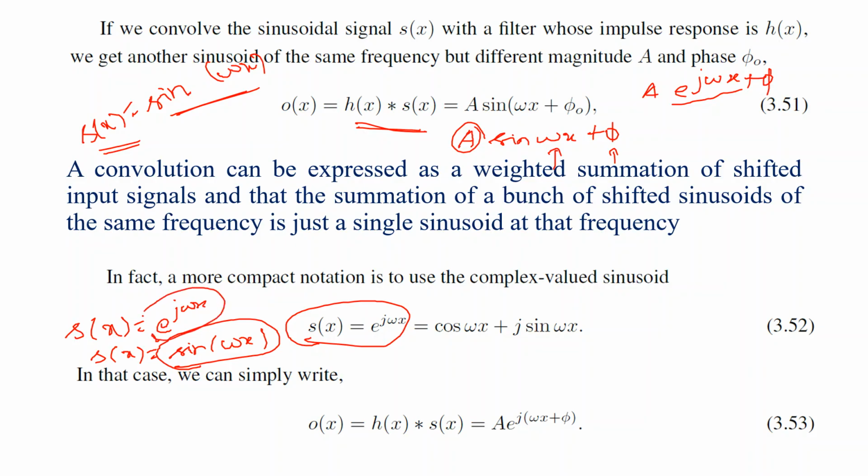E power j omega x is more complex because it is a combination of both cos as well as sine. e power j omega x is equal to cos omega x plus j sin omega x. If I want to omit cos, I can simply rewrite it as sine of omega x. On applying e power j omega x, I will get this result. On applying sine omega x, I will get this sine alone.